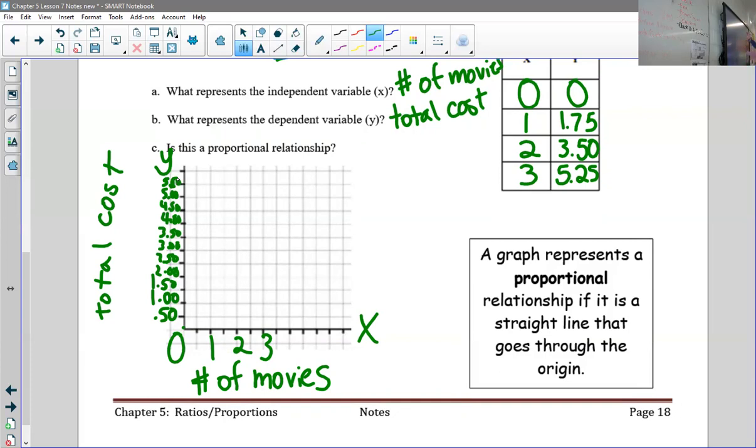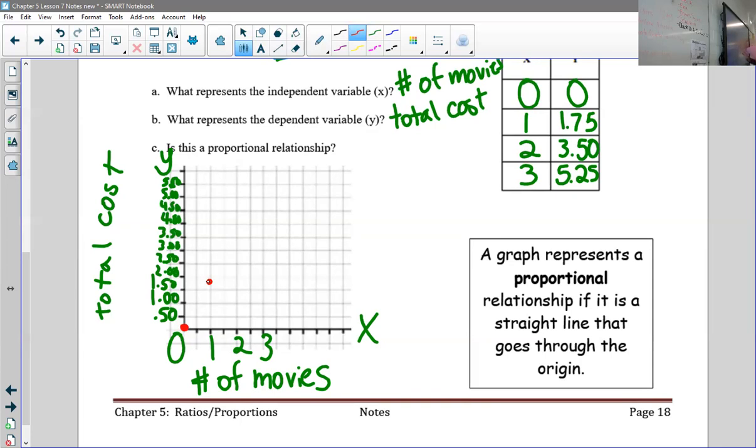All right, so now I'm going to choose a different color. If I rent 0 movies, I will have to pay $0. So I'm going to mark a point there. If I rent 1 movie, I have to pay $1.75. And even though that's not perfectly labeled here, I'll put that point somewhere in here between the $1.50 and the $2.